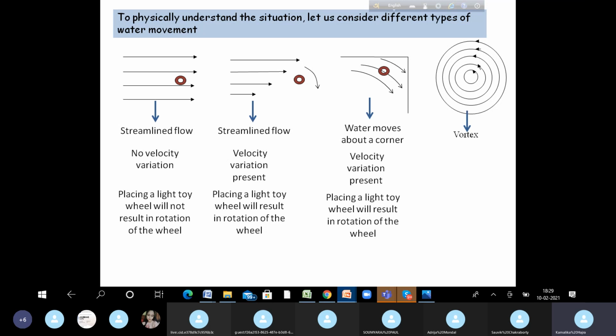Okay, so all the layers of water are moving in circular motion about a central point, and they form a vortex, and evidently there is velocity variation.